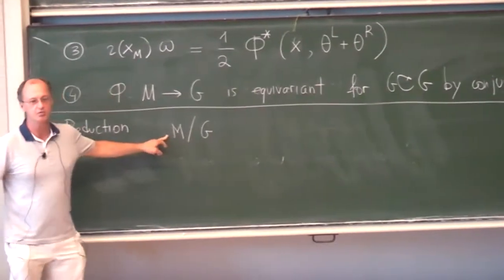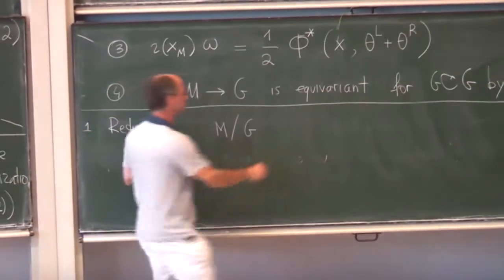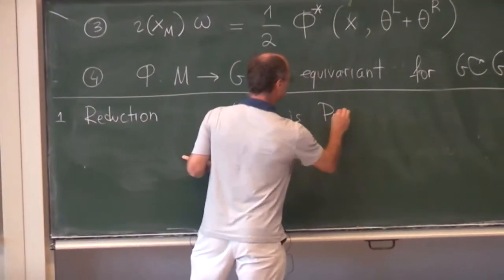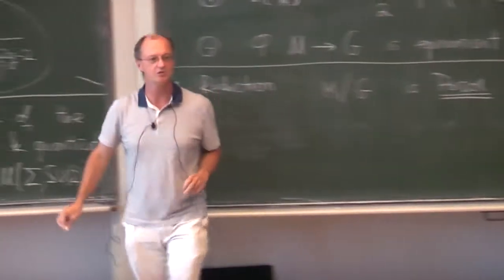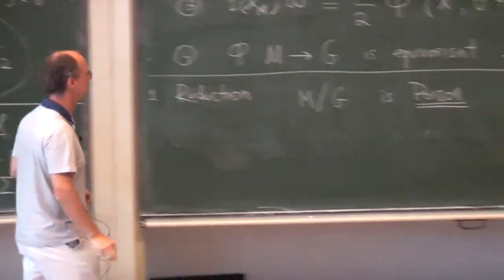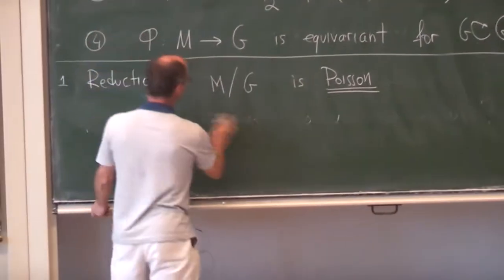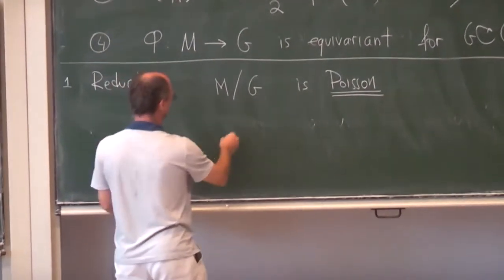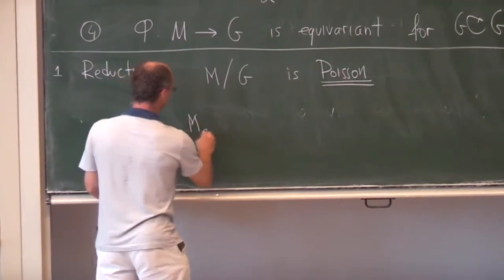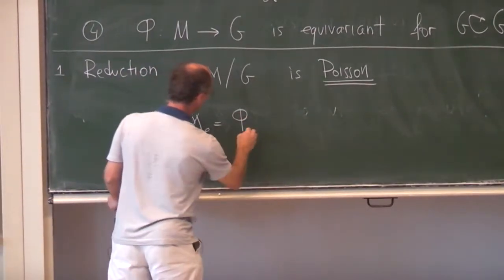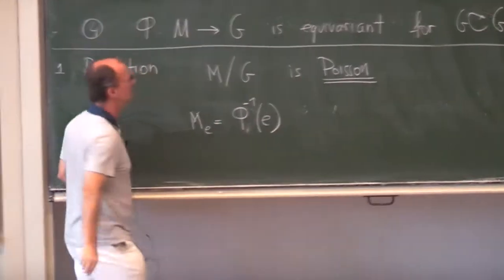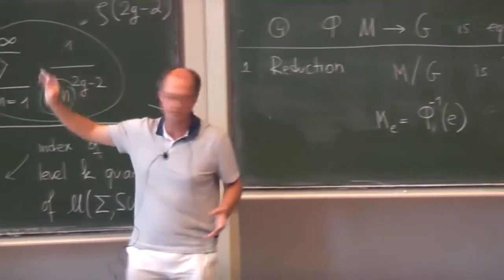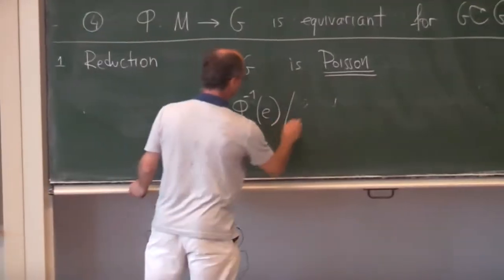That is, the quotient of M by G is just Poisson without any corrections. And the reduced space, let me write it for the group unit. One can also do it for other values, but since we don't have that much time and we are focused on the group unit, let me do it for the group unit.